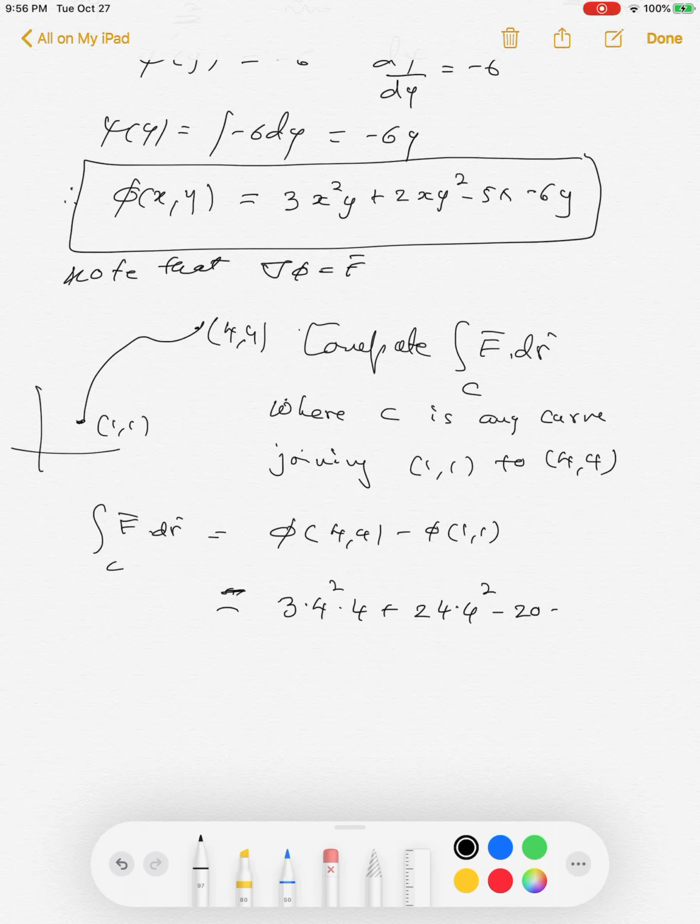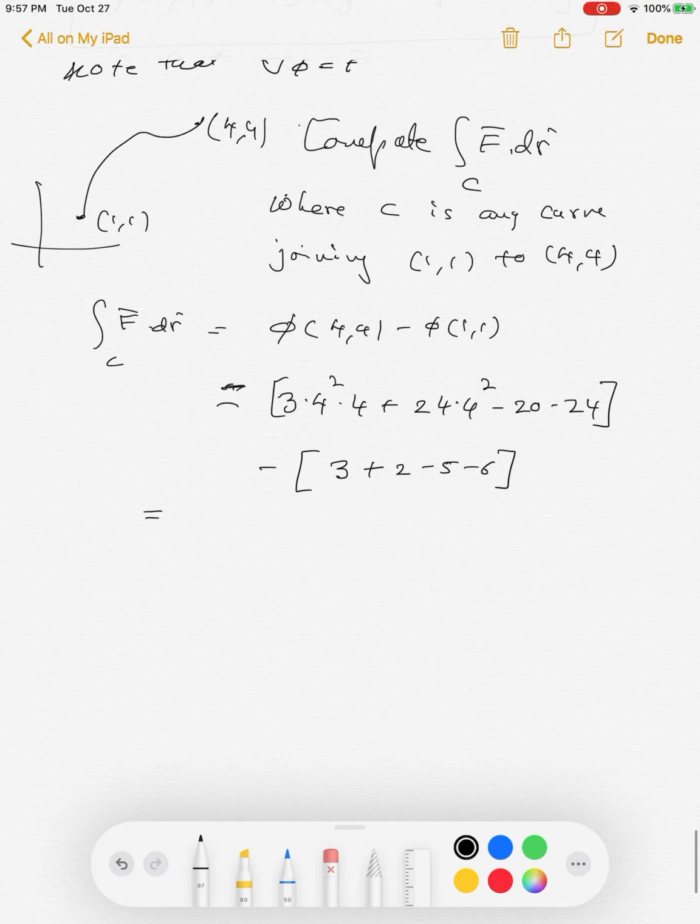So it is 3 times 4 squared times 4 plus 2 times 4 times 4 squared minus 20 minus 24. That's the value at (4, 4). Minus the value at (1, 1), which will be 3 plus 2 minus 5 minus 6. Whatever that may be. That's 64, 64 multiplied by 5, which is 320.